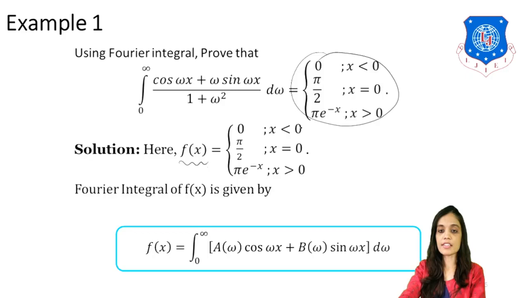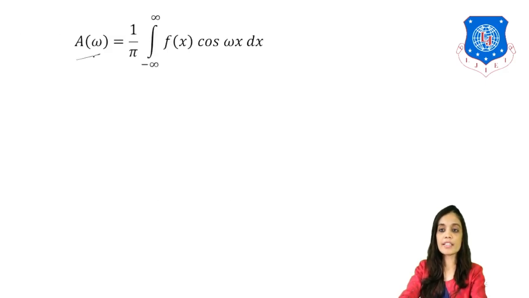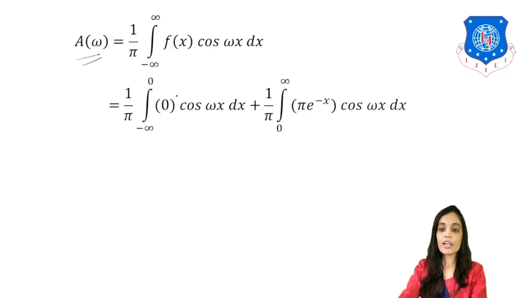Now the Fourier integral of such type of f(x) is given by f(x) = integral from 0 to infinity of [A(ω) cos ωx + B(ω) sin ωx] dω. Now let us find the value of A(ω) and B(ω). A(ω) is given by 1/π integral from minus infinity to plus infinity of f(x) cos ωx dx.